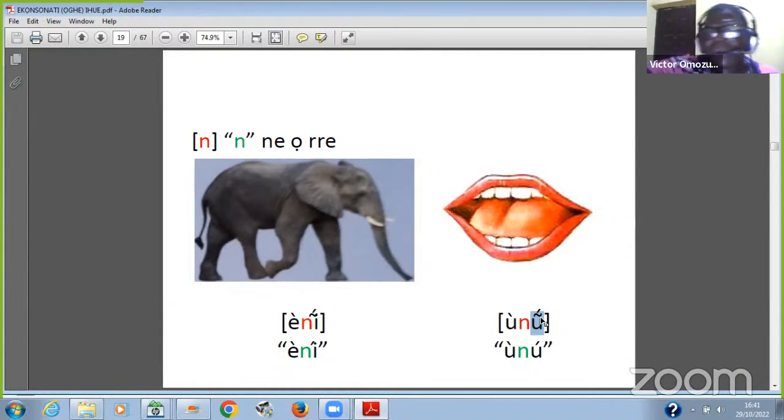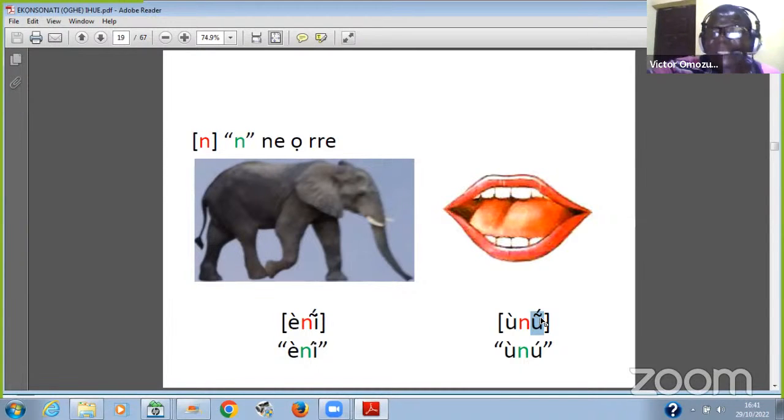That is why you'll be able to know whether someone is speaking Edo, especially when you are in a different environment, like the European environment. When somebody pronounces a word having any of the nasal consonants, you will know from the way the person pronounces it that this person is not an English person.